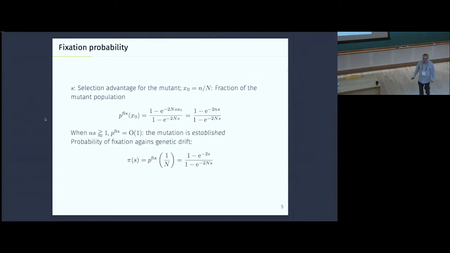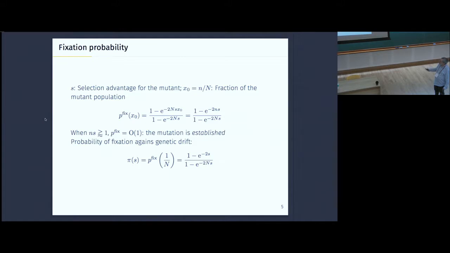Okay, so let us recall what the fixation probability of a mutant is. Let's assume that the mutant appears in a population of size n with some frequency x0.